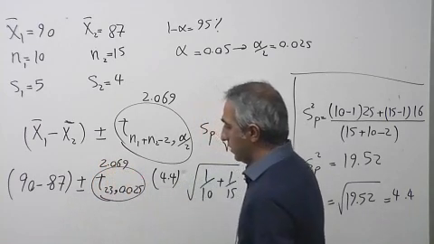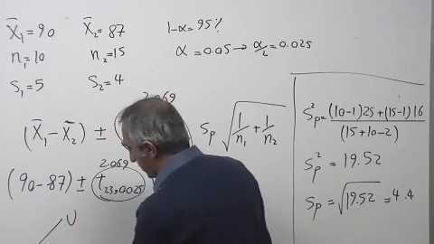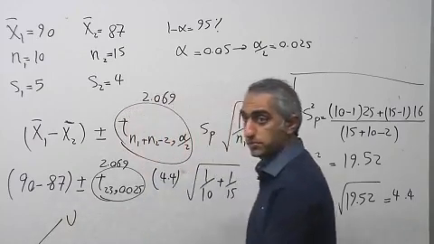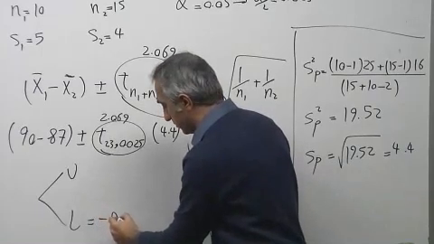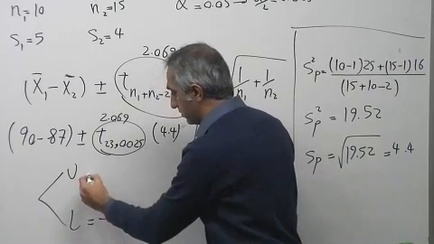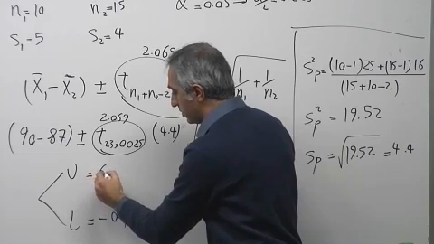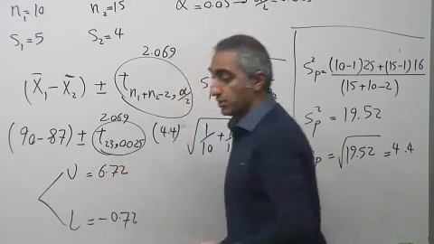And you have upper and lower. Lower is, I'm sorry, upper is 8.72 and lower is negative 2.72.